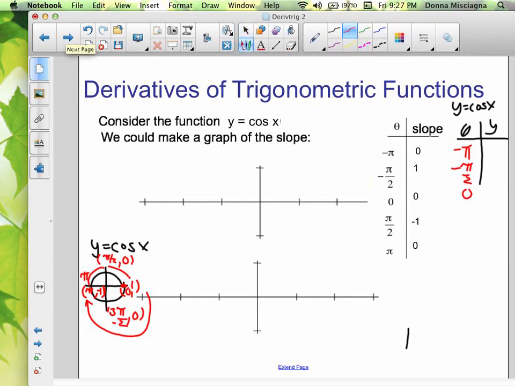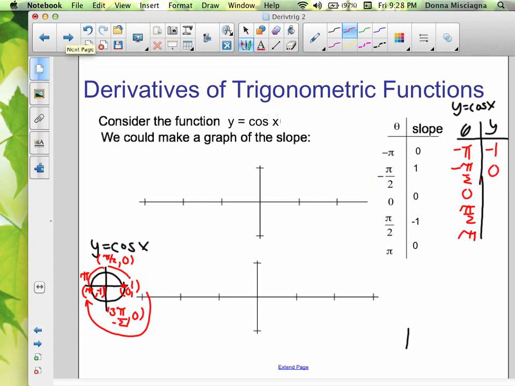Let's make our line a little longer. There we go. So this would be pi halves and pi. Negative pi or pi, that's going to be -1. Negative pi halves, that's the same as 3 pi halves.